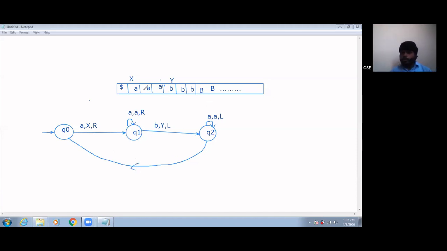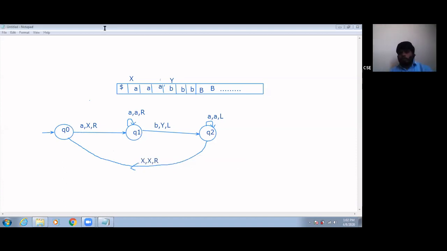On what transition are you going? On X. X you are reading, X on X, you are moving right-hand side, and you are at the state Q0.